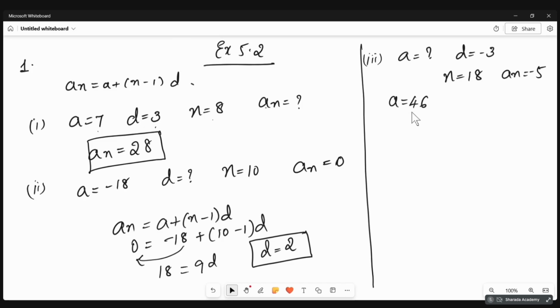Fourth and fifth, after finishing, we will do next. Fourth one, what is the answer you are getting? I got n equals 10. Do it and tell me what is the answer you will get here. And do the fifth one now.